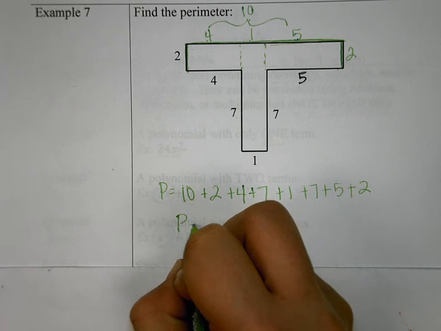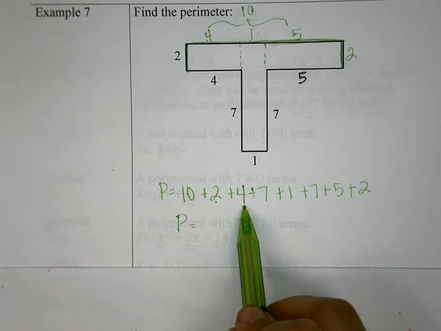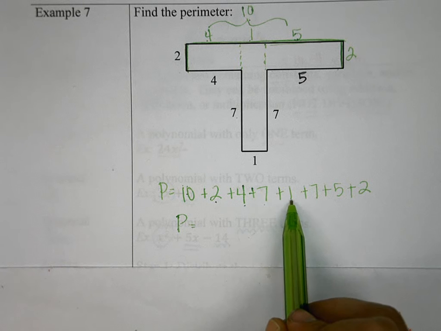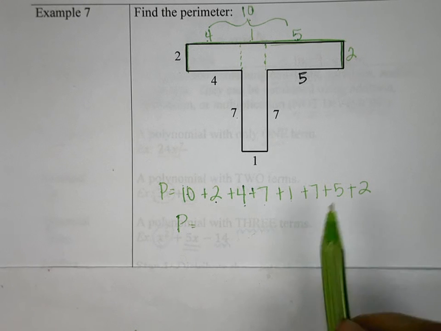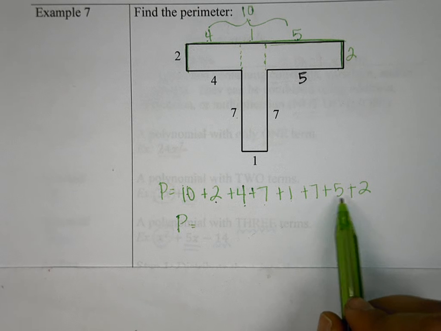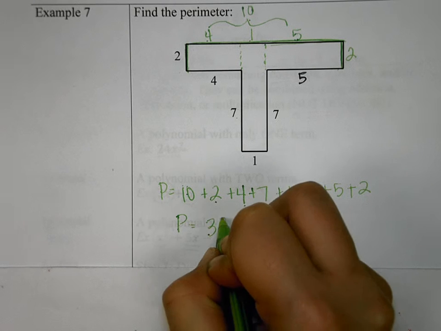So we have 10 plus 2, which is 12, plus 4, which is 16, plus 7, which is 23, plus 1 is 24, plus 7 is 31, plus 5 is 36, and plus 2 gives me 38.